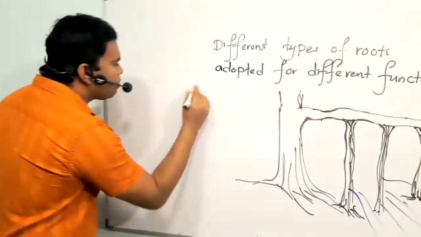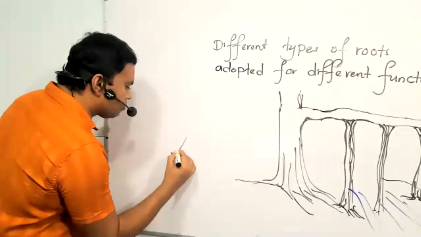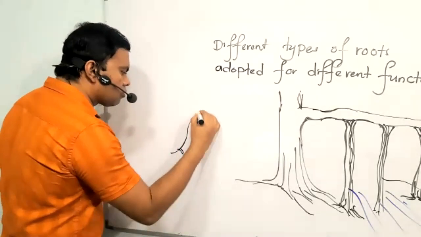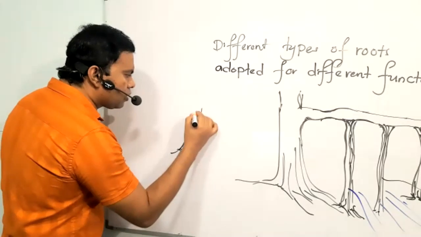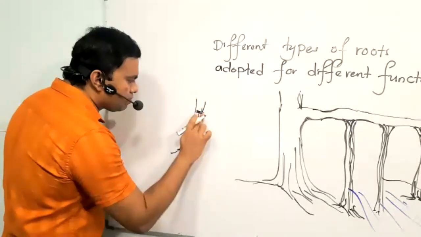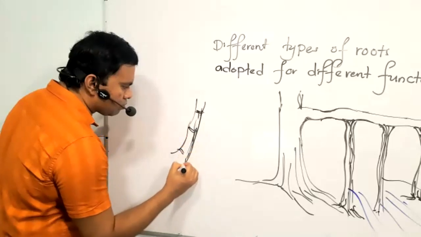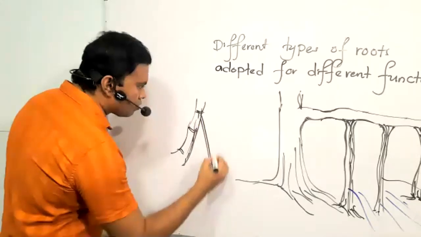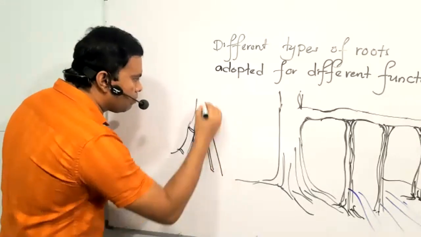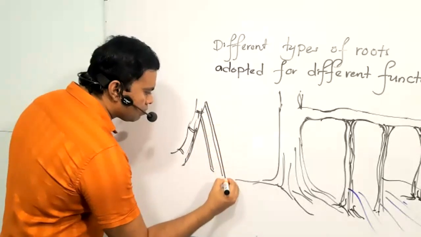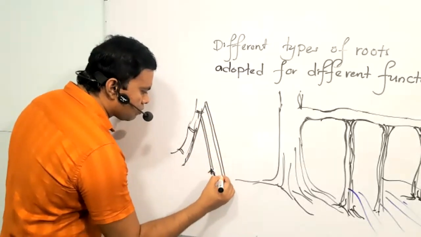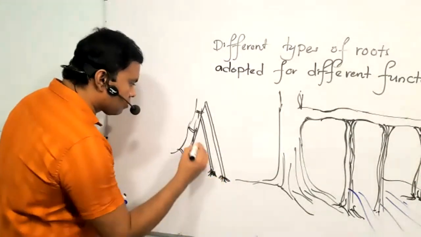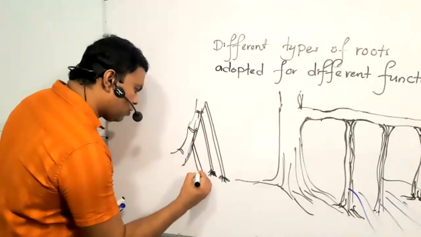But another type of root we can see. I think you can see these types of plants. So this is a kind of mangrove plant. It supports what?